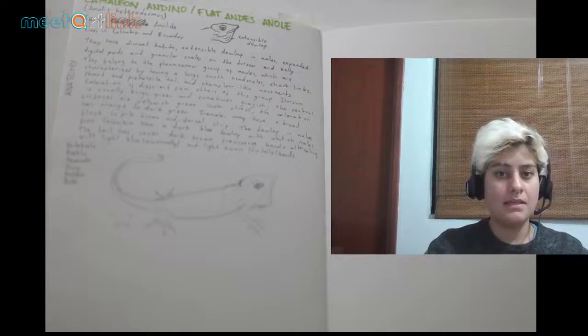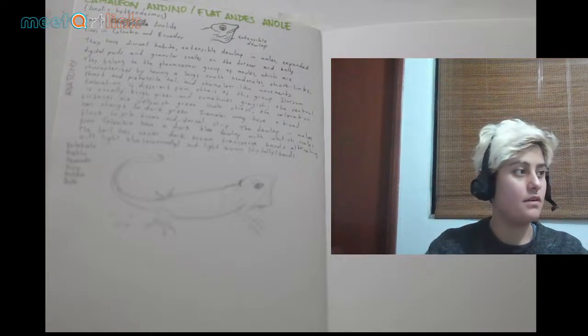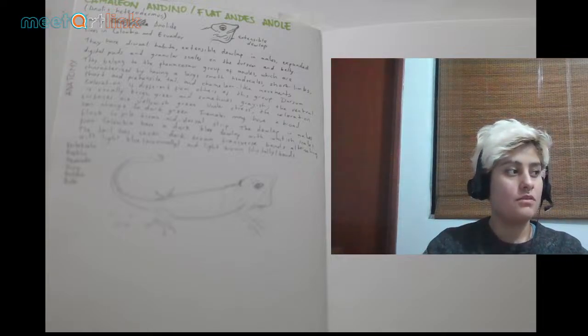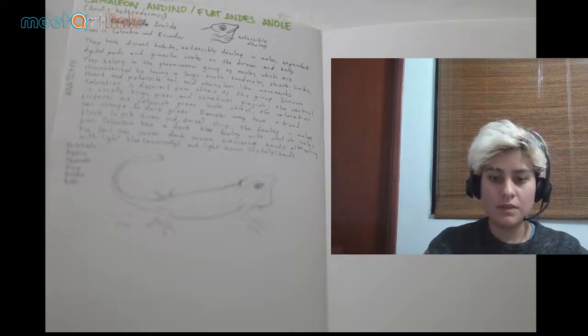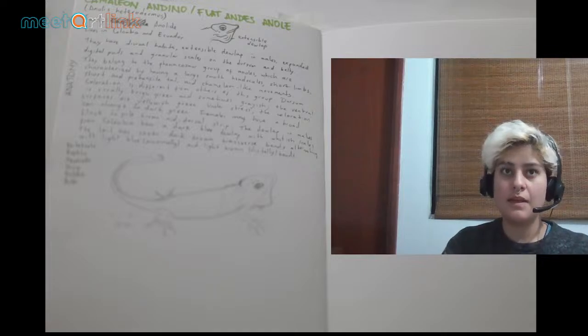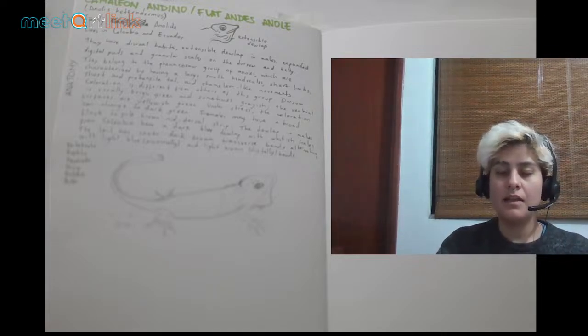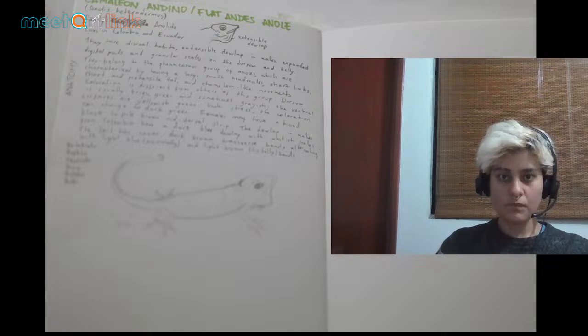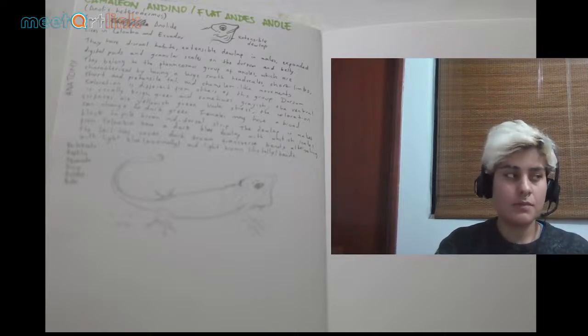In this case, it comes together with the coloration. That's one of the differences. The female of this species can have a lighter green, and the male can have a more bluish or grayish color.